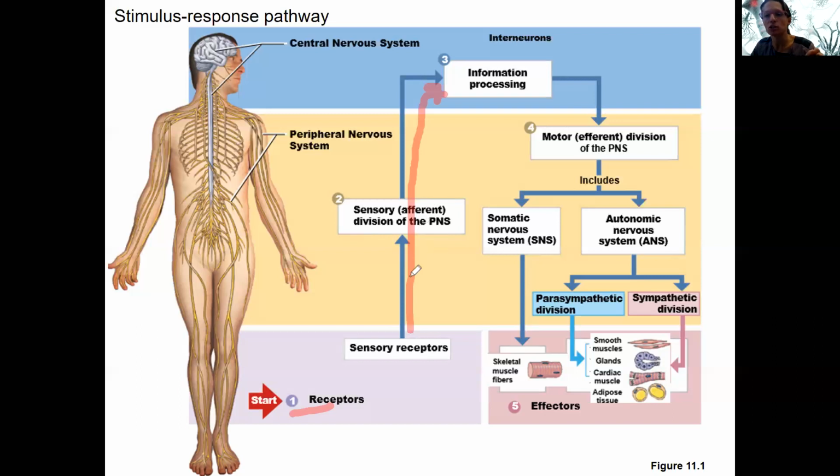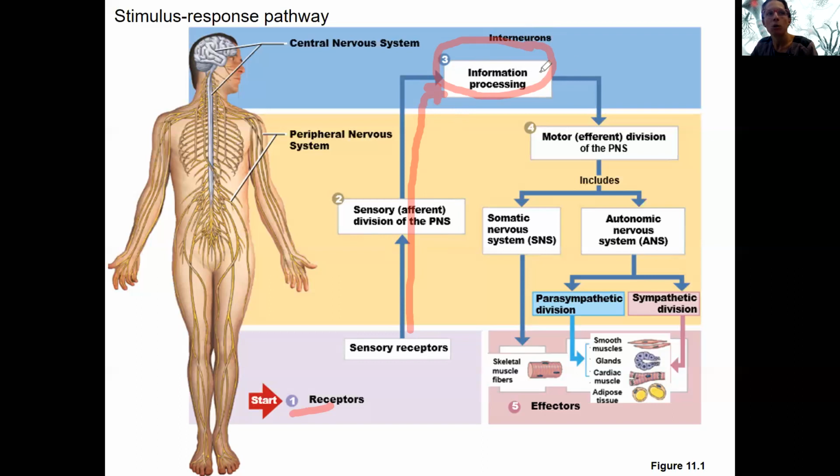Afferent means going to the central nervous system. That's another key term. The information comes in to the central nervous system. This is our integrator. There are interneurons here that might communicate with each other along the way. Also make yourself conscious of this.